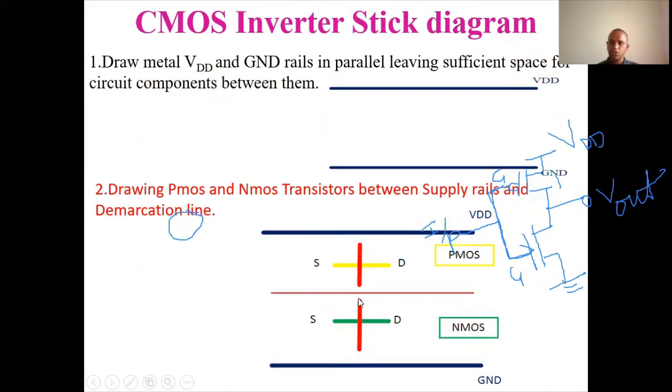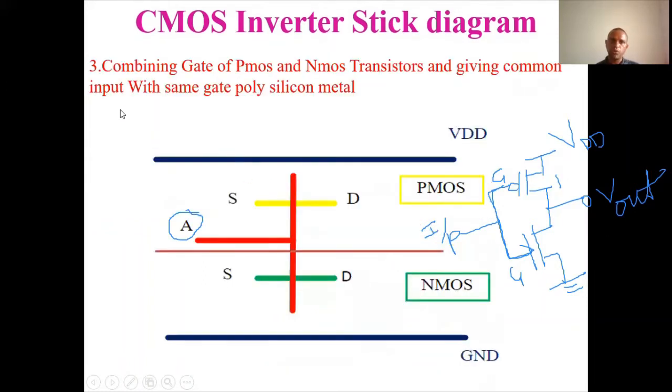If you connect these two with the polysilicon symbol only, that becomes the input, but the output is the drain of the PMOS and the drain of the NMOS connected by using a metal, and we will take that as the output. That's what I have represented in the third point.